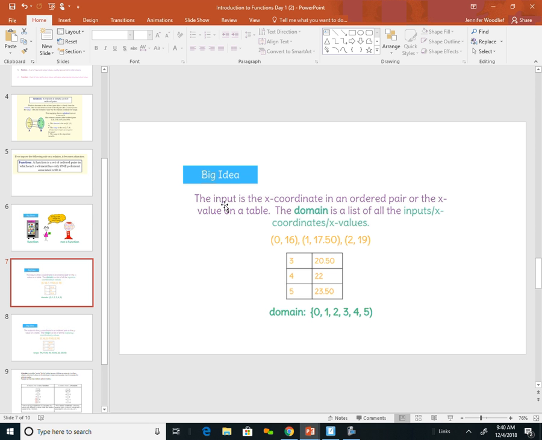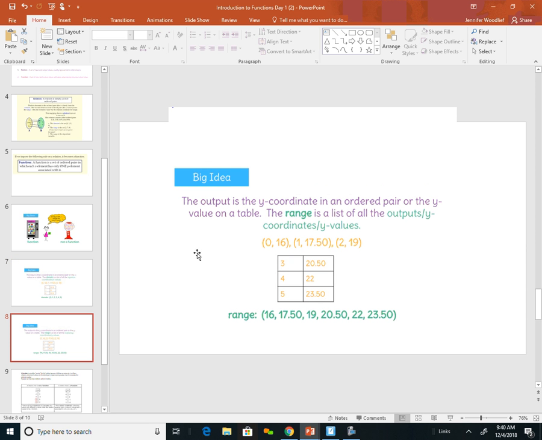The x values are your inputs, are your domain. So if you look at your ordered pair or your table, my domain here would be 0, 1, 2, 3, 4, and 5. If you look at your y values, or your range values, we're looking at the second number in each ordered pair.